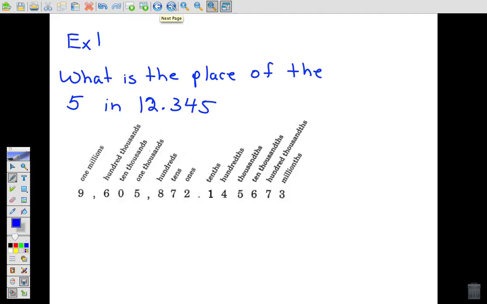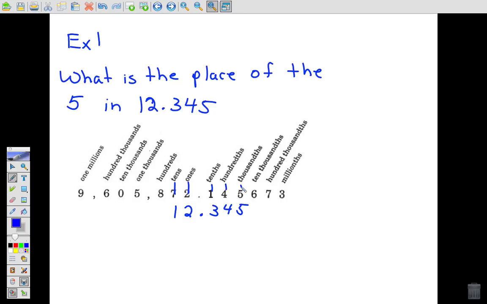Now we're going to use this chart in some of these examples. Let's take a look at example 1. It says, what is the place of the 5 in 12.345? I've got the place value chart shown below. So I'm going to write 12.345, and notice I'm lining it up with the values here. Now it wants to know what place the 5 is in.